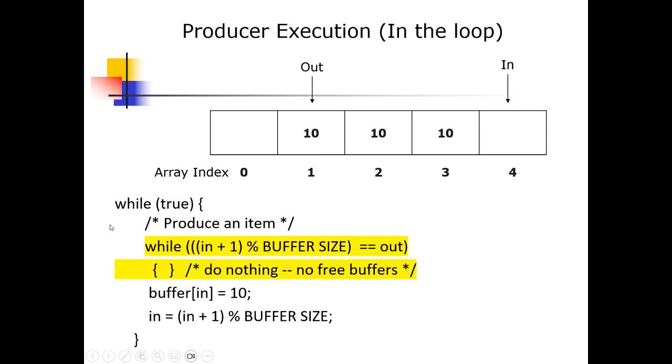So suppose that we have the producer in the loop, right? Previously the producer is in the loop. Now what is the situation of the producer? So what is the condition? What is the output of the condition?